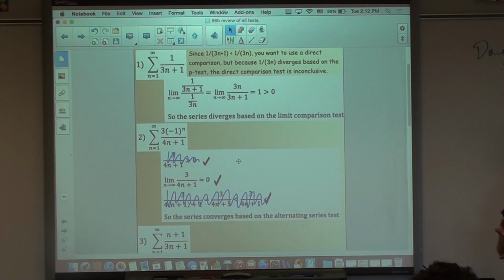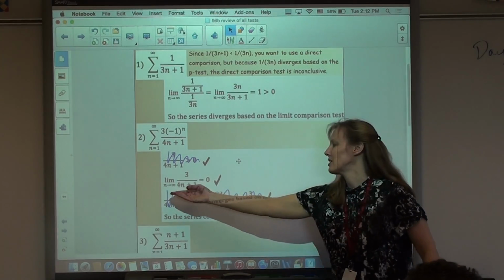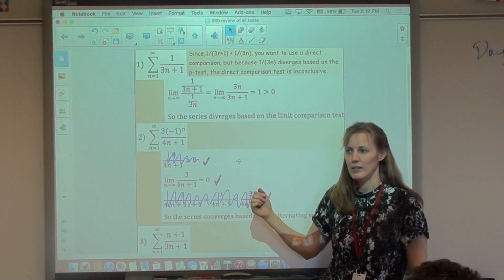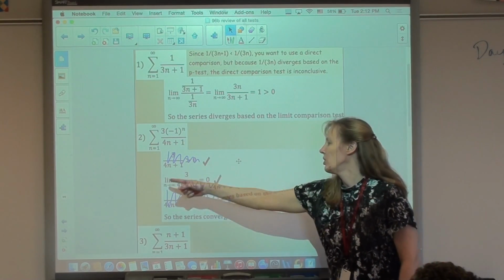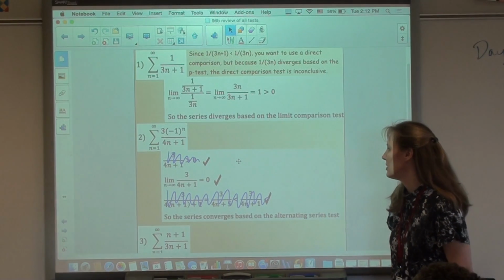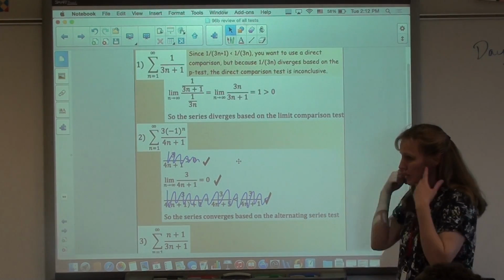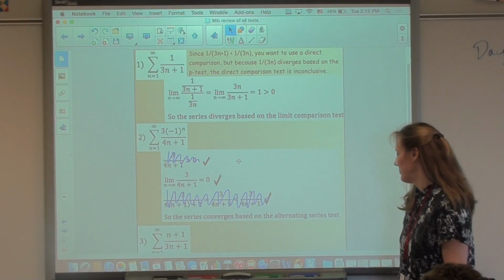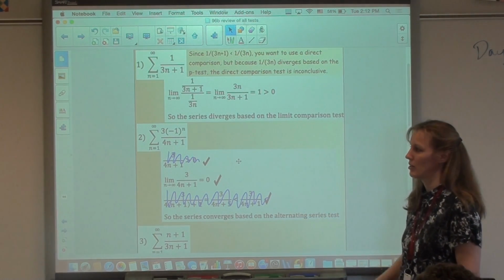The main thing to really focus on is, does the limit of the non-negative 1 term approach 0? That's all you really have to check for alternating series. You might want to just mentally take a glance and make sure it is positive, right? But anyway, the series converges based on the alternating series test.